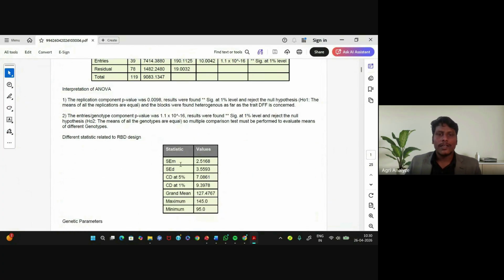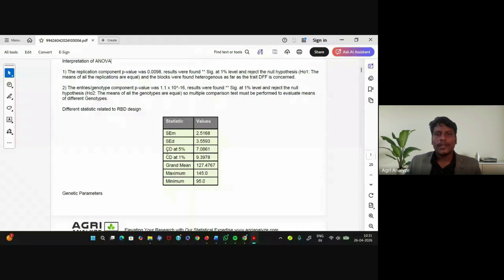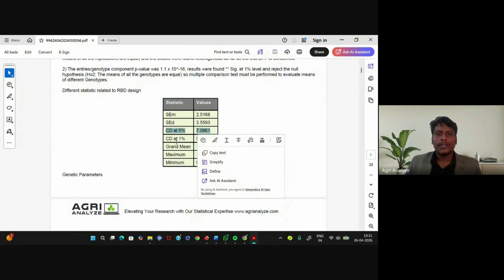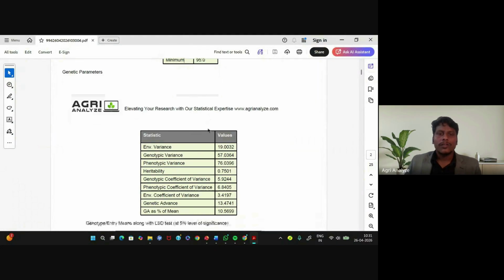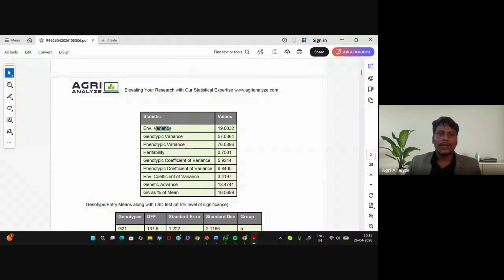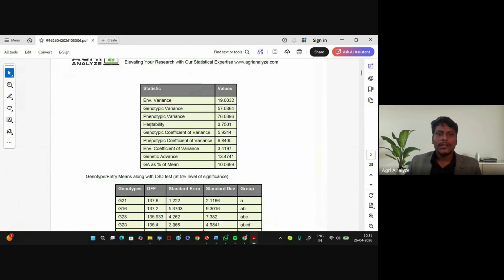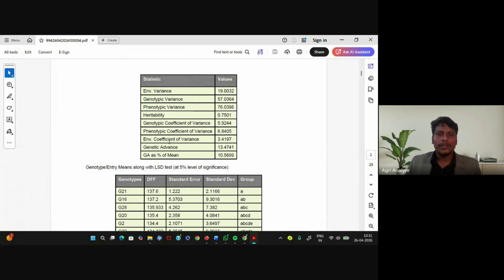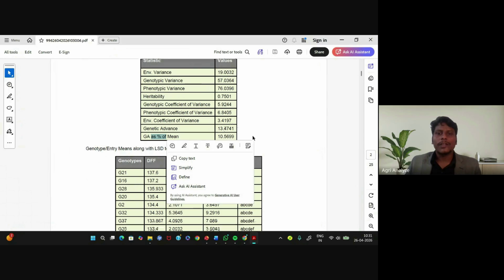Here are the standard error of mean, standard differences, and CD at 5% and CD at 1%. Here the grand mean, maximum, minimum. Here the environmental variance, phenotypic variance, heritability, genotypic coefficient of variation means GCV, PCV, ECV, and genetic advance as percentage of mean.